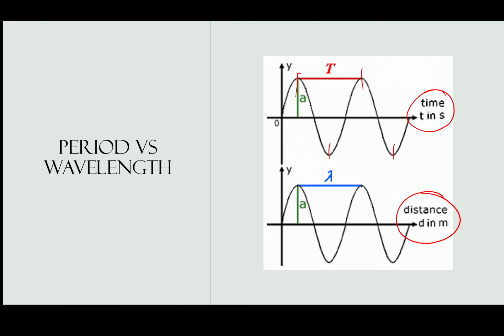When we're talking about distance, between crest to crest is the wavelength, and between trough to trough is the wavelength. So the only difference between them is that one is displacement-time and the other is displacement-distance.